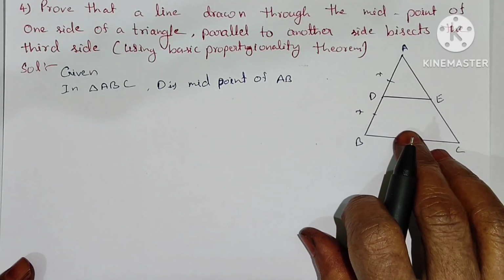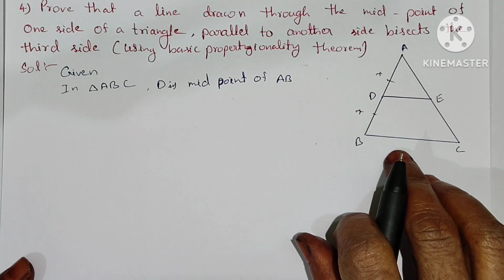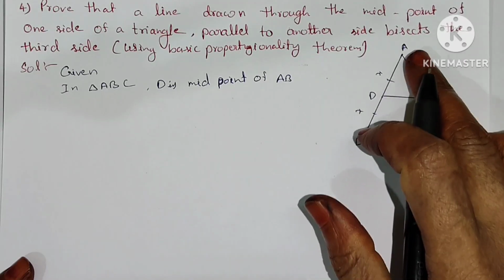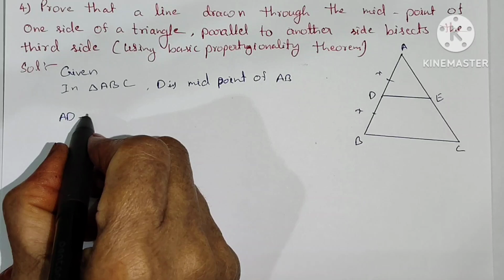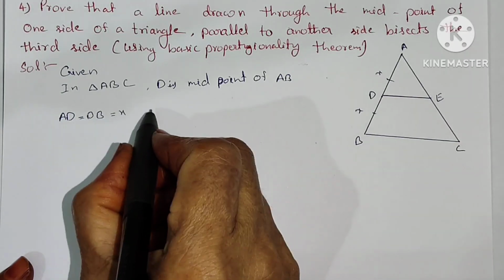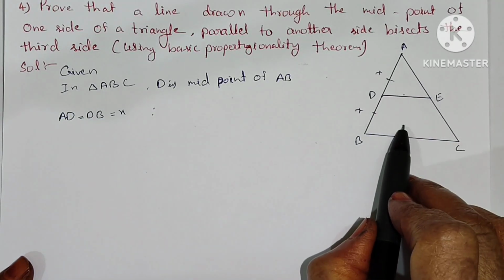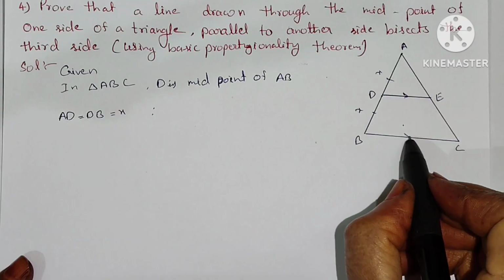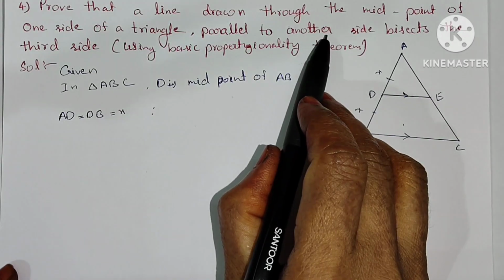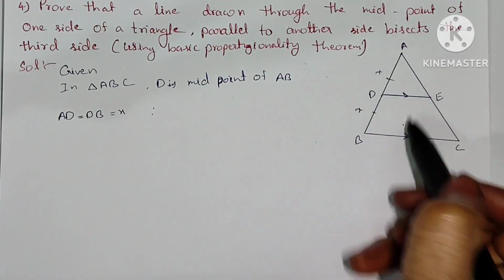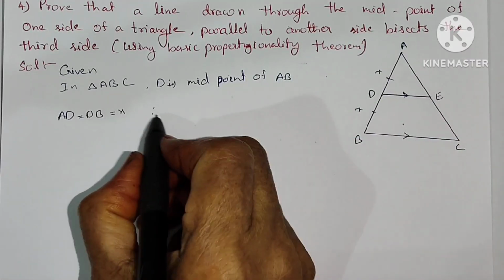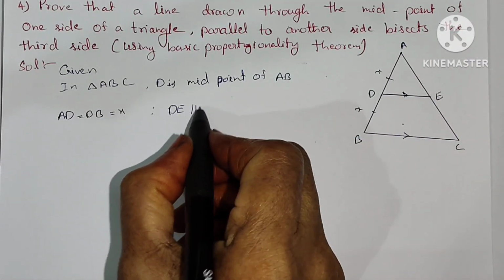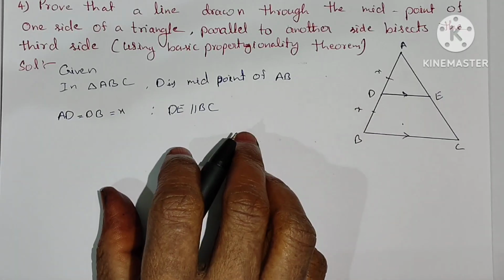So BD equals DA equals X. These two are parallel, so DE is parallel to BC, the other side. DE is parallel to BC.